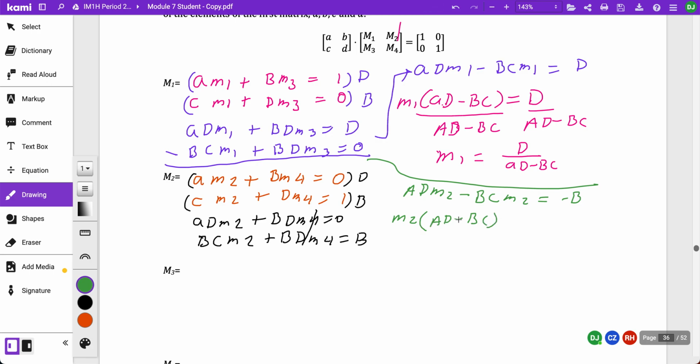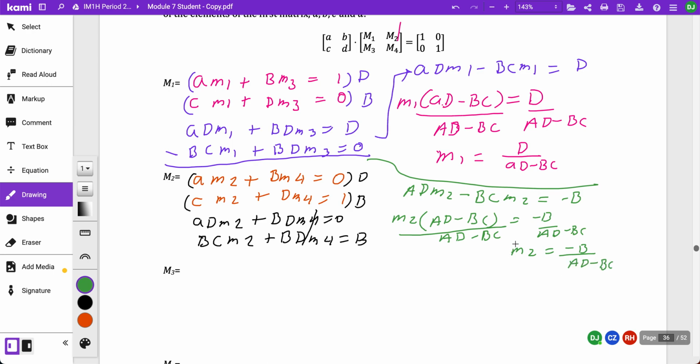How strange, another AD minus BC. And that's going to equal negative B. All right, so then what I'm going to do is divide both sides by AD minus BC. And that would leave me with M2 is equal to negative B all over AD minus BC.